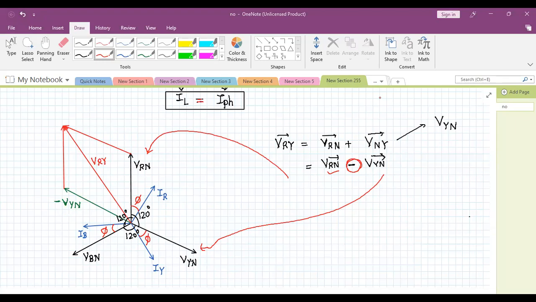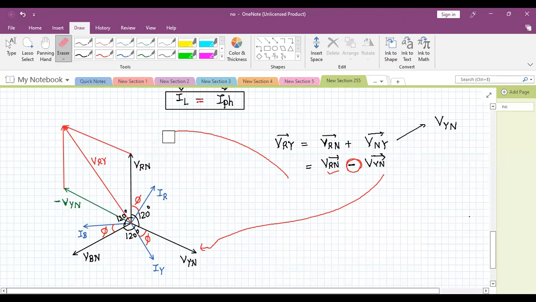Okay, so now I will remove this line. I have drawn it just for your reference.